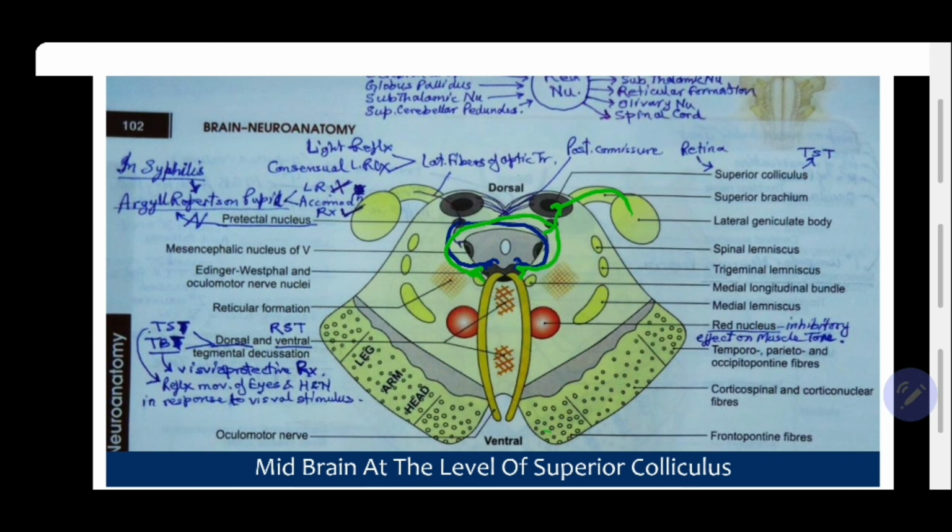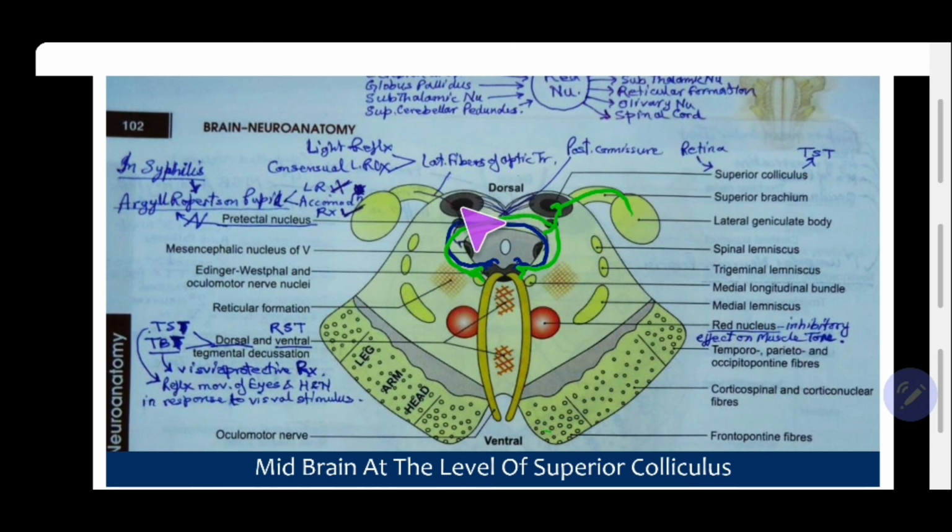Then the fibers from the tectum of the midbrain move in front and decussate to reach the opposite half, and then they descend in the form of the tectospinal tract, reaching the nuclei of the accessory nerve as well as the nuclei of the anterior horn of the spinal cord in the cervical segments.